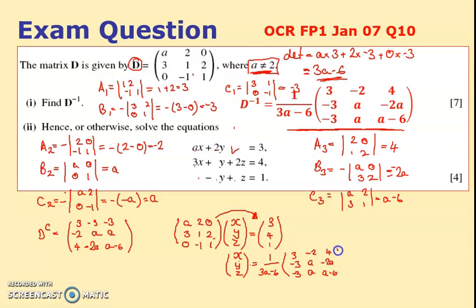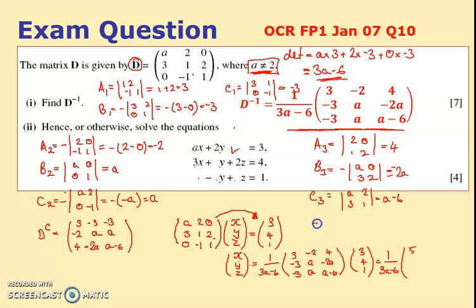So on that basis then, that is the inverse matrix, and we times that by 3, 4, 1, and we'll get our answer. So I'm not going to touch that 1 over 3a minus 6. I'm just going to now do my multiplication. It's 9 minus 8, that's 1, plus 4, that's 5. So I reckon the first number's 5. I might have to just do a bit of working out on some of these harder ones.